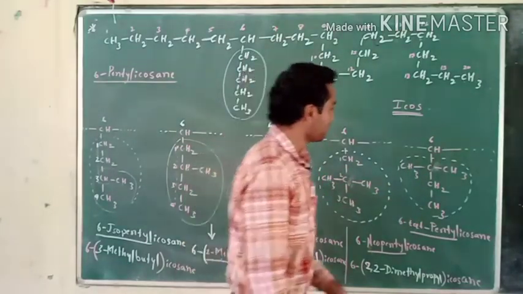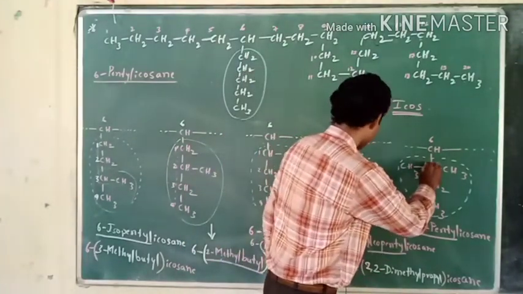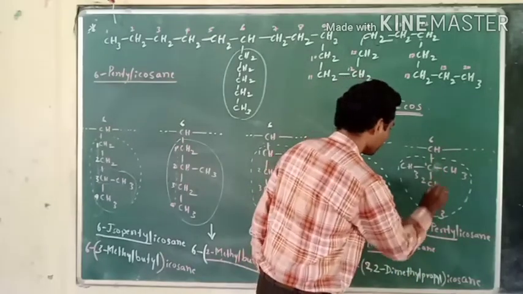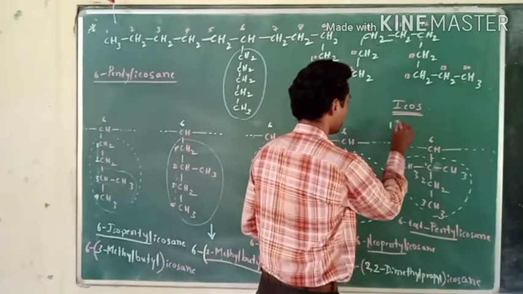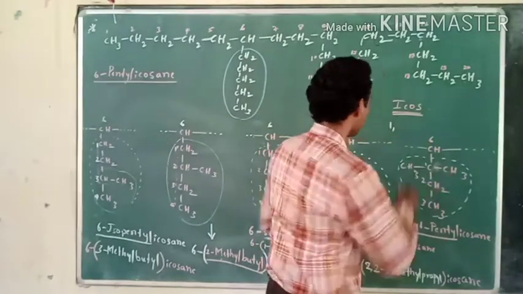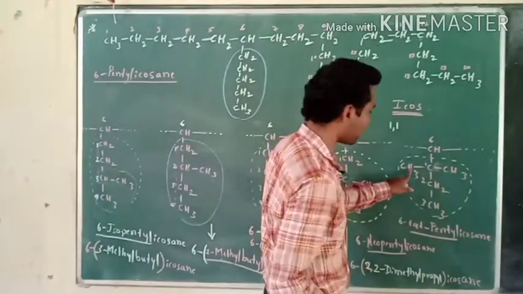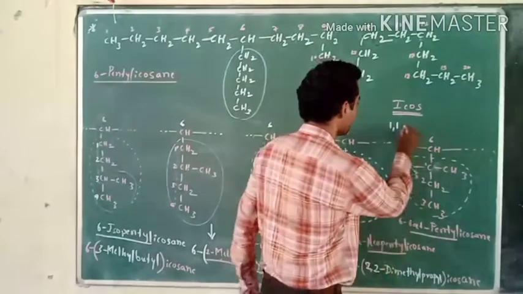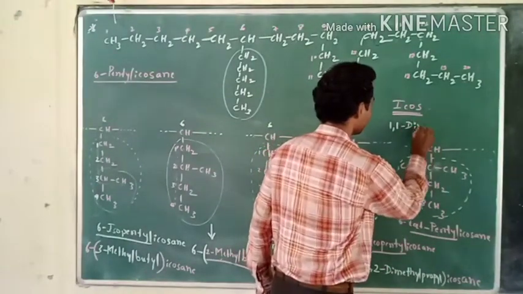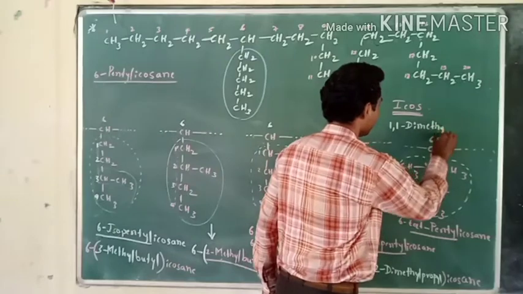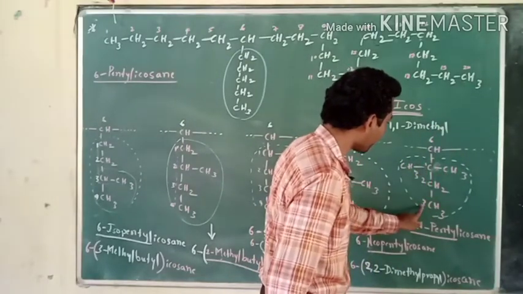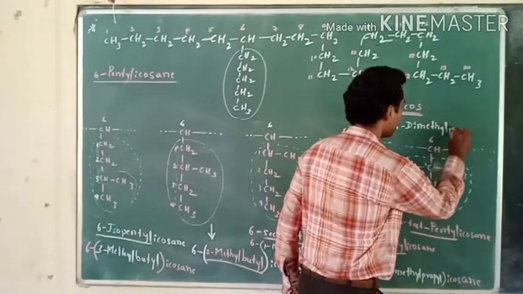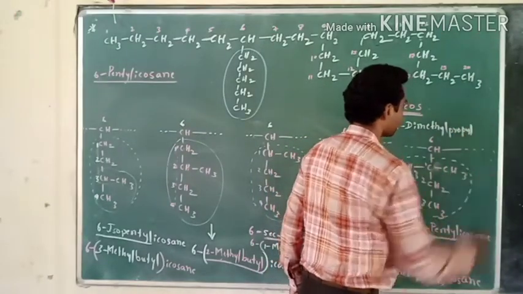So again longest carbon chain 1, 2, 3, right? At the first position a methyl group is there. Again at the first position another methyl group is there. So therefore dimethyl, and 3 carbons, therefore propyl.